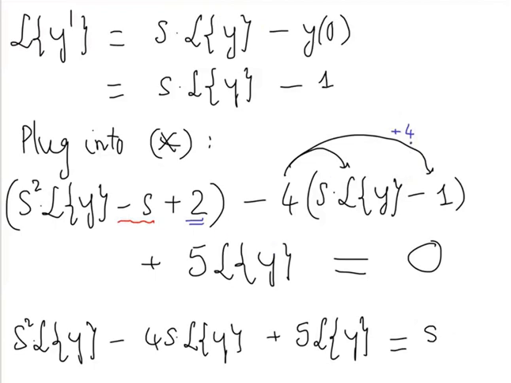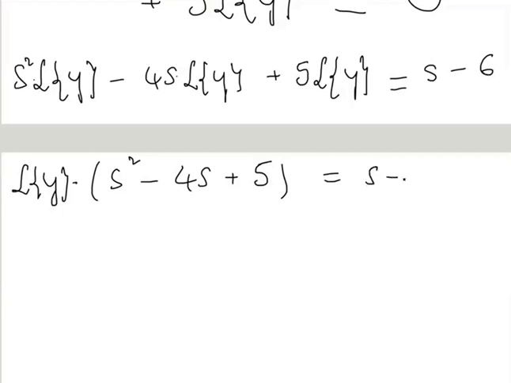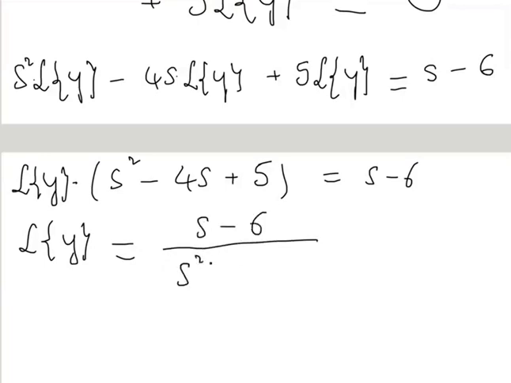So 2 plus 4 give us plus 6, and we move to the other side, minus 6. Now factor out the Laplace transform of y, we have s squared minus 4s plus 5 equal to s minus 6, and so Laplace transform of y is s minus 6 over s squared minus 4s plus 5.